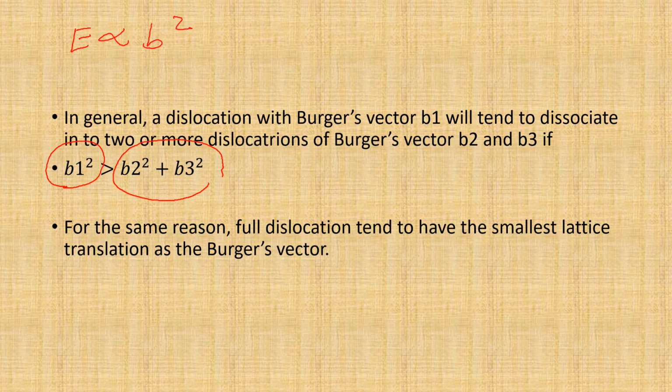That is why a dislocation reaction always tends to decrease the energy. This is the energy of the reactant, and this is the energy of the product. So a dislocation reaction every time tends to reduce the energy of the product. As energy is proportional to Burgers vector square, this tends to reduce the Burgers vector also.